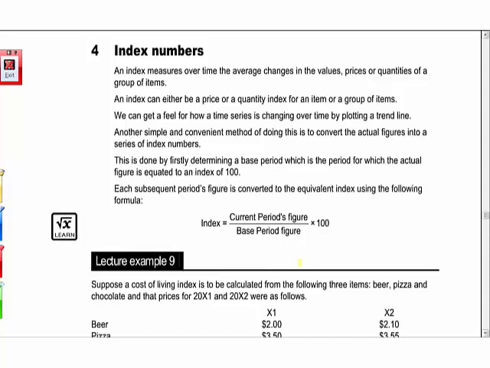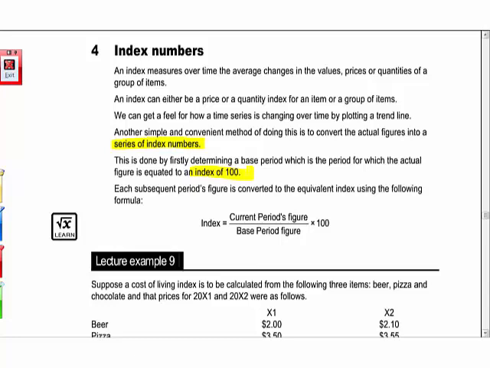We get a feel for how the time series is changing by plotting a trend line. Another way then is to work out index numbers. And the index numbers make it easier to see the underlying trend because the first year or the first period, the index will be equal to 100. So if in a subsequent period the value of the index is 102, it's very easy to see that there's been a 2% increase.